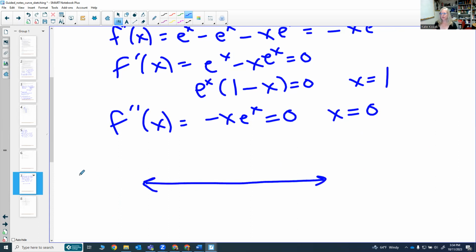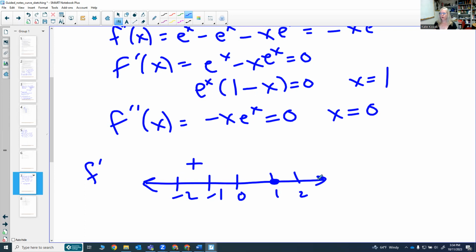Here's a number line for f prime. Put 1 on the number line. If you're less than 1, such as 0, and you plug that in, you're going to get a positive number.